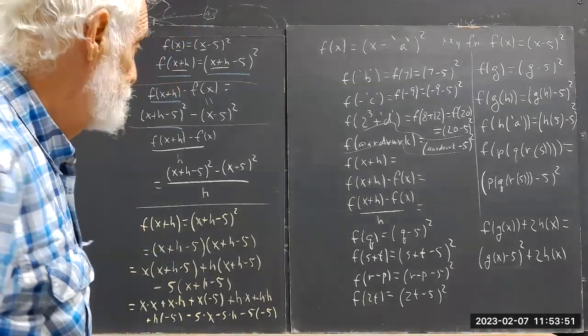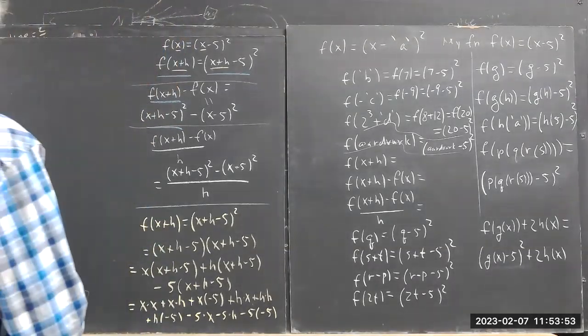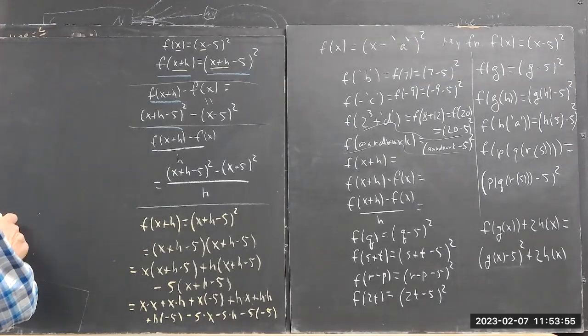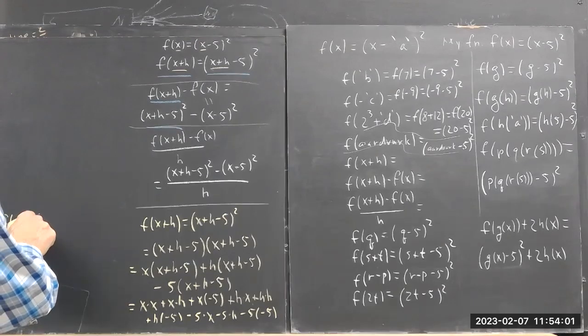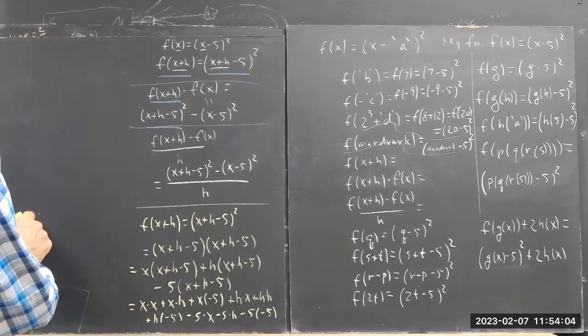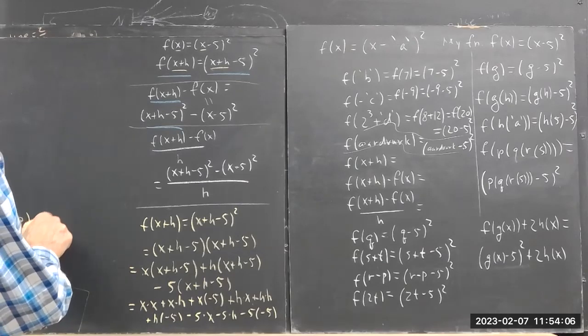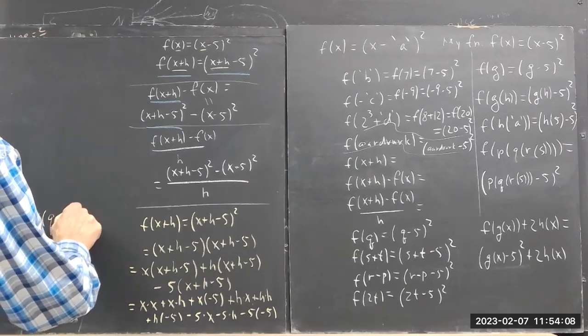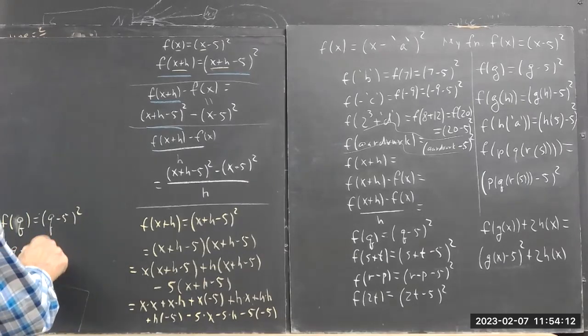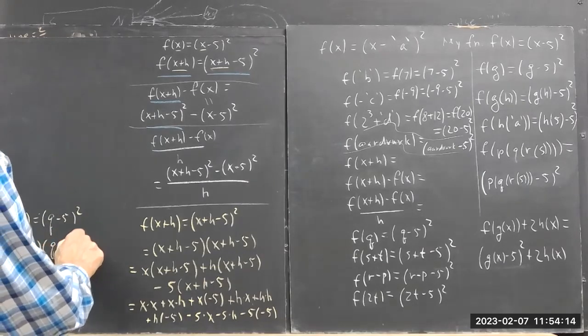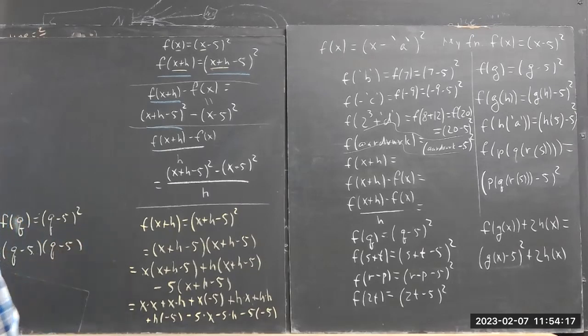Okay. One more example, a simpler example. Well, q minus 5 squared is q minus 5 times q minus 5.